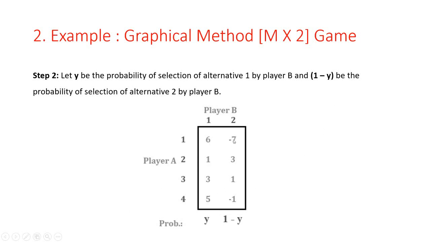Here we are considering the probability for player B1 and B2, so y and 1 minus y. So y is the probability for column 1 and 1 minus y is the probability for column 2.